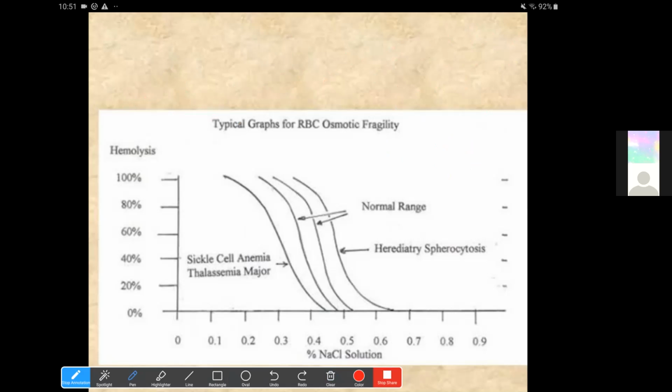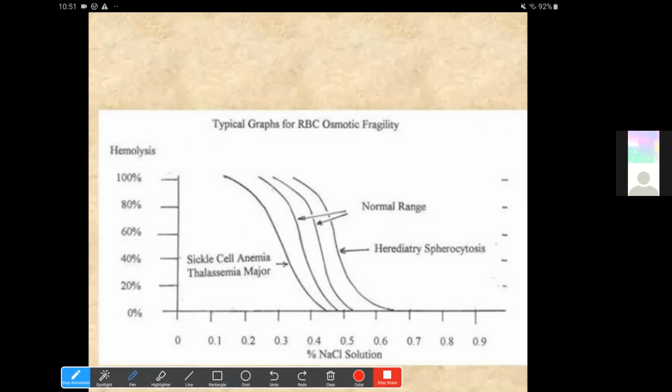And then decreased osmotic fragility is in hereditary xerocytosis. Some would consider hereditary xerocytosis to be a form of hereditary stomatocytosis. In the reference to Williams' textbook, given in the answer's explanation section, they have referred to hereditary xerocytosis as a form of hereditary stomatocytosis in which there is a complex permeability defect due to altered membrane lipids.